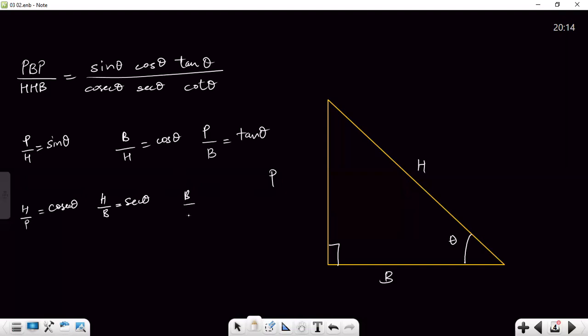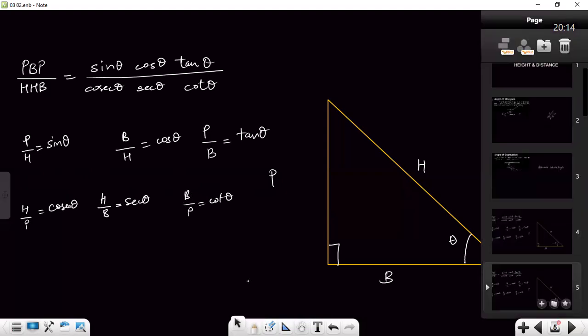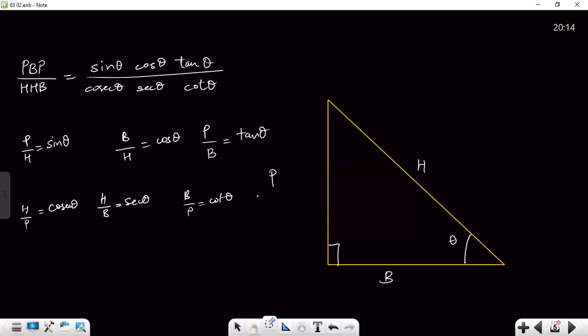Base upon perpendicular will be cot theta. Now, these are important. Are there any questions in understanding this? No, sir.